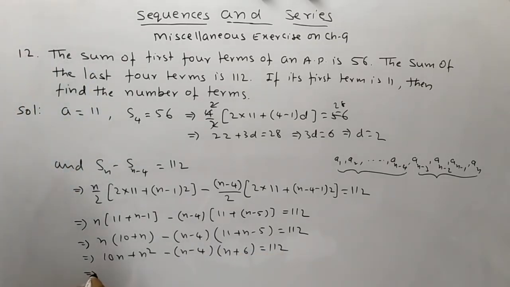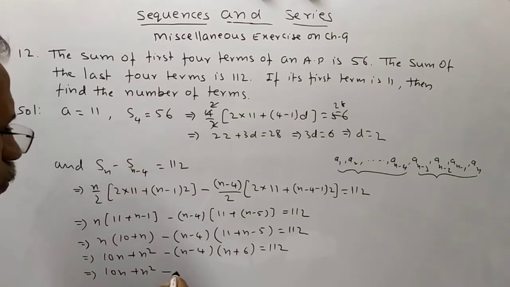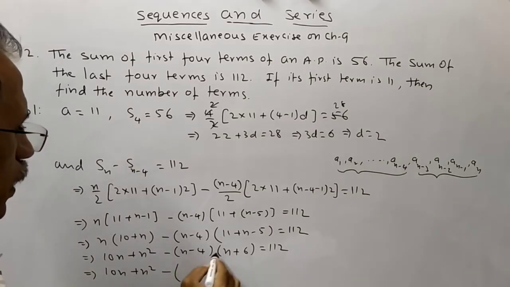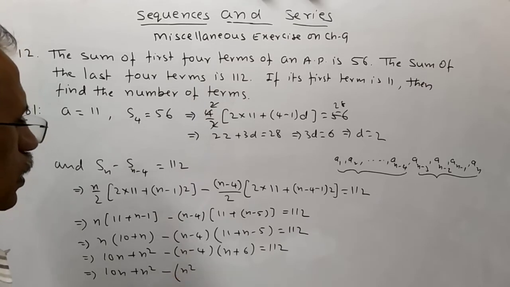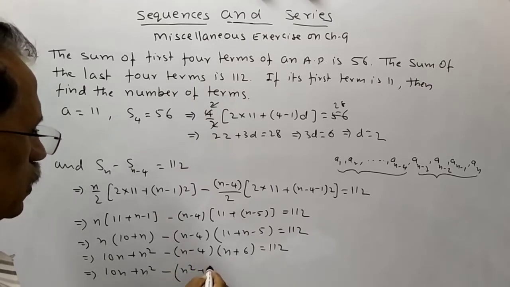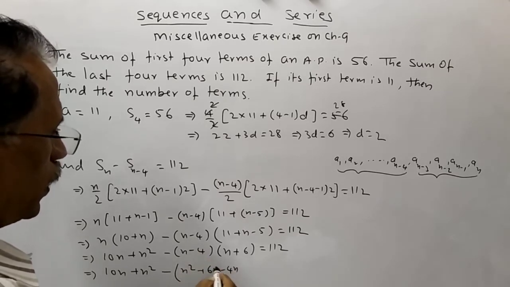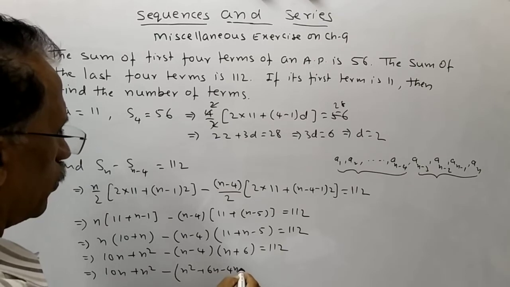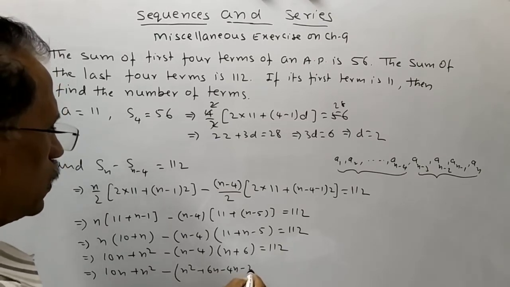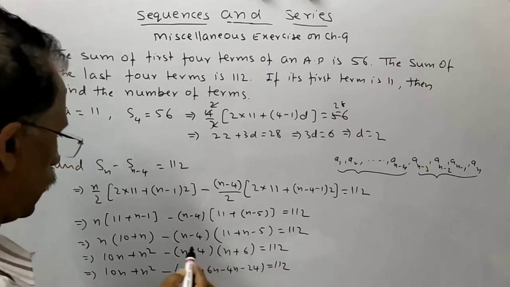Implies 10n plus n square minus n square plus 6n minus 4n minus 24 is equal to 112.